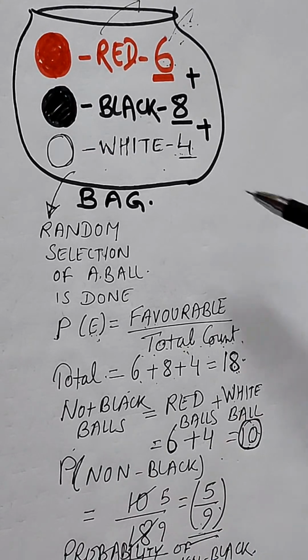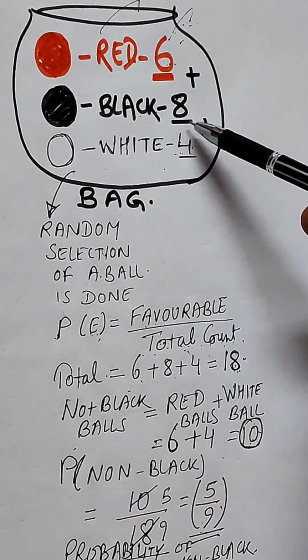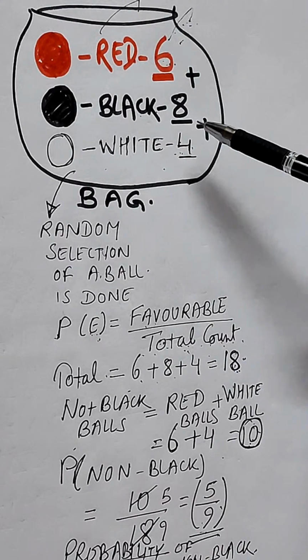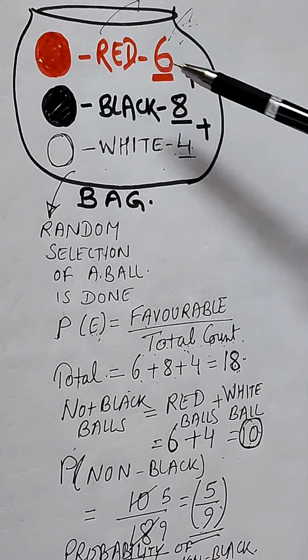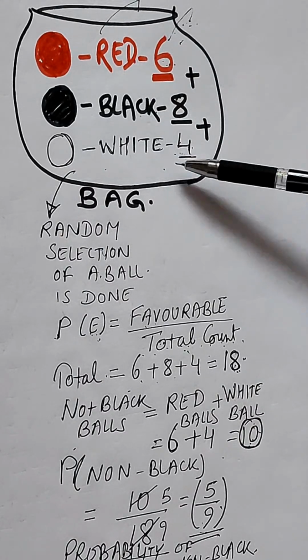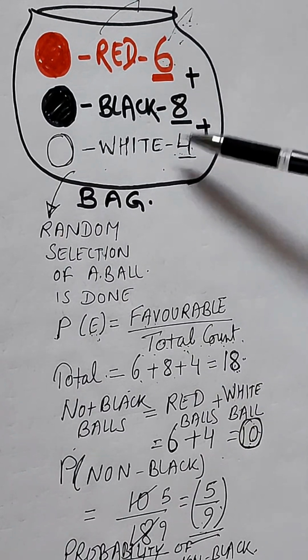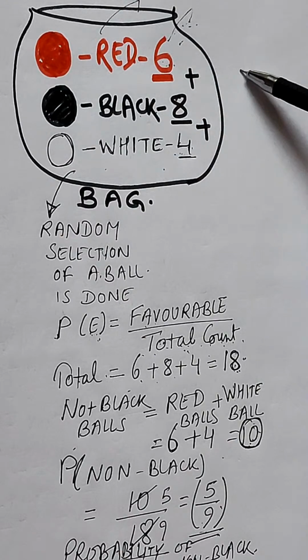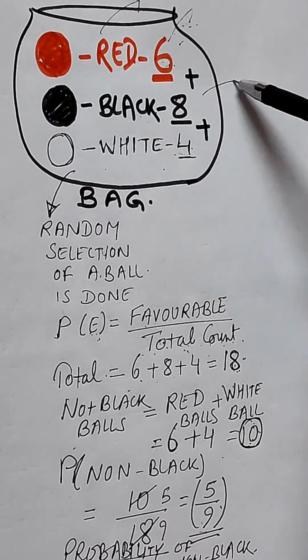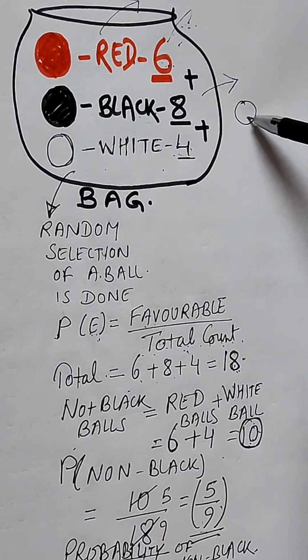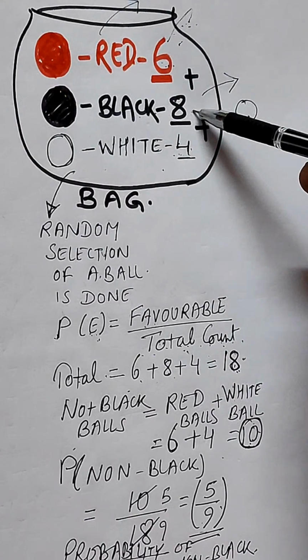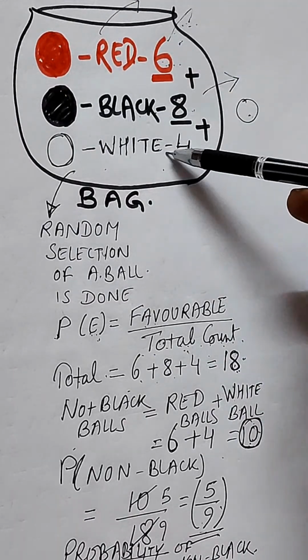Here the total balls are kept in the bag, okay, and the question was that out of these, six balls are red, 8 balls are black, and 4 balls are white. And if you are randomly bringing one ball out from this bag, what is the chance that this one ball is not black? It can be red, it can be white.